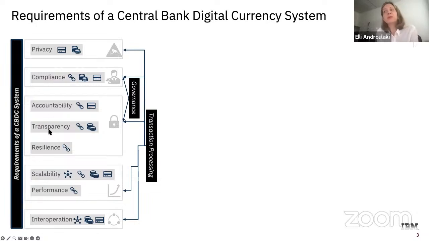Transparency is an important tool to facilitate security, and resilience is another security aspect that needs to be strongly positioned in this set of requirements of a central bank digital currency system.